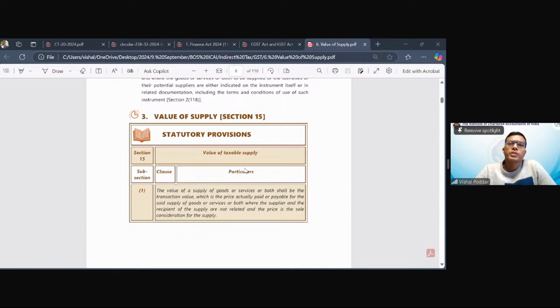Why? Because services are intangible, services cannot be measured, services cannot be documented, and that is why assessing how much service is provided, computing the quantum of service provided, are both very difficult, and hence documenting is equally difficult. Hence, computing the value of service, and finally the GST or the tax component, becomes very, very challenging.